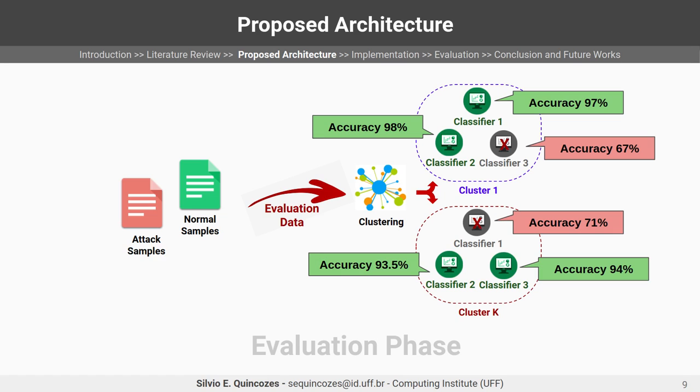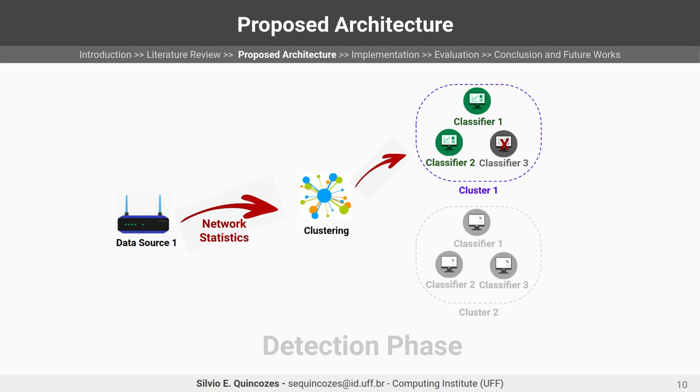Then, at the detection phase, suppose that we are looking at network statistics, for example. Each sample of this information will be clustered, and after deciding which cluster this unknown sample belongs to, we will use the best classifier for that cluster for taking the final decision.